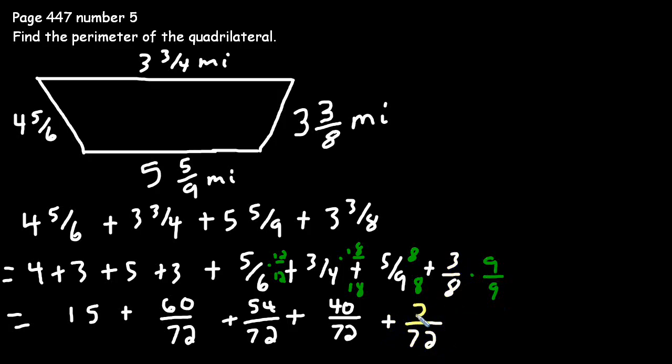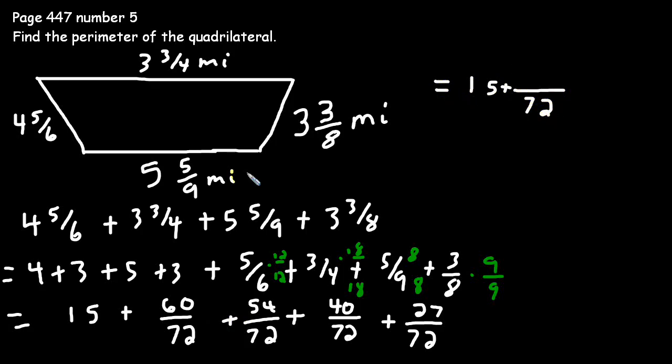Now that I have a common denominator, I need to add the numerators. And I'll come up here where I have a little bit of space, and that'll be 15. And if I add those numerators, what will I have? Well, I have something over 72. And so 60 plus 54 would be 114.